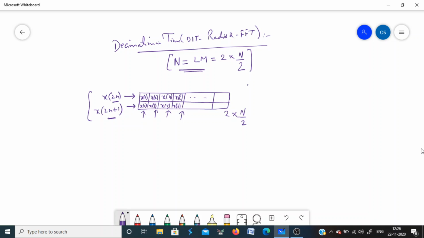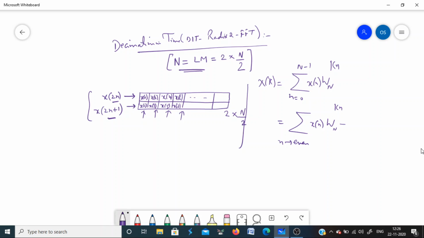Now this N-point DFT X of k, which was the summation of x of n W_N to the power kn, n from 0 to N minus 1, you can write as the summation of x of n W_N to the power kn for even samples, and one summation for odd samples.